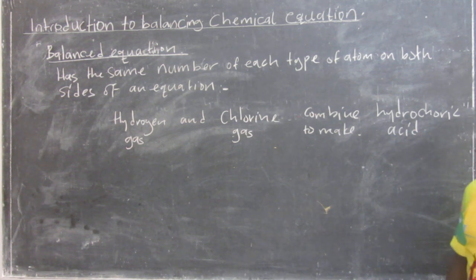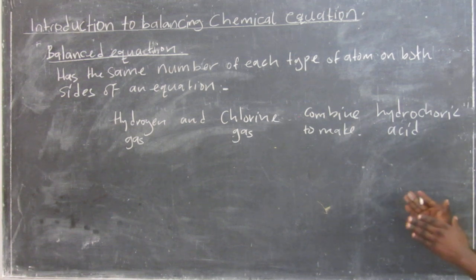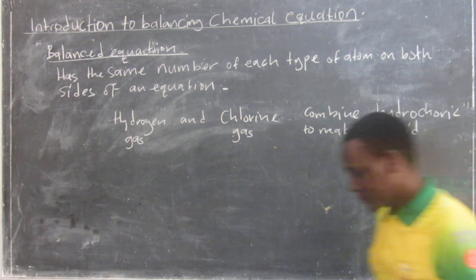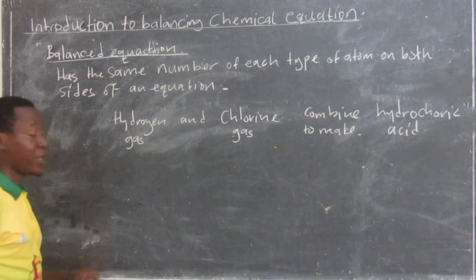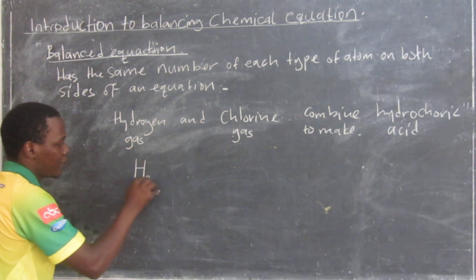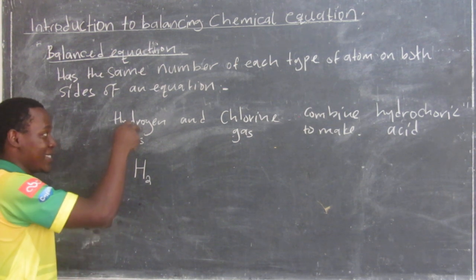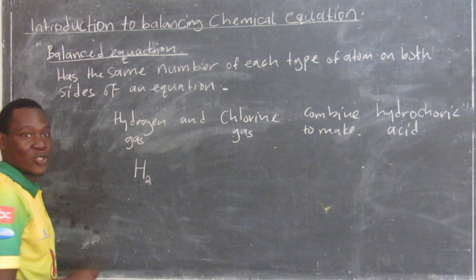What I've written on the blackboard is what we call a word equation. This word equation, I can convert into a formula equation which I can balance, by writing the respective formulas of each element. Hydrogen is a gas, so it is H2; the hydrogen atom is H, but since it is a gas, it is a molecule and becomes H2.